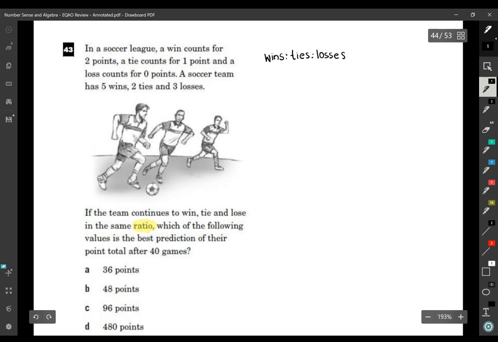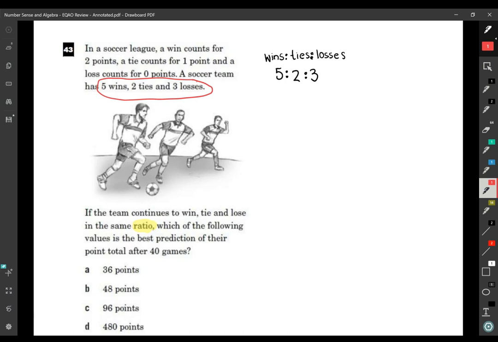And we know that the ratio is 5 to 2 to 3, and that is simply given in our problem. That's where I got that information.